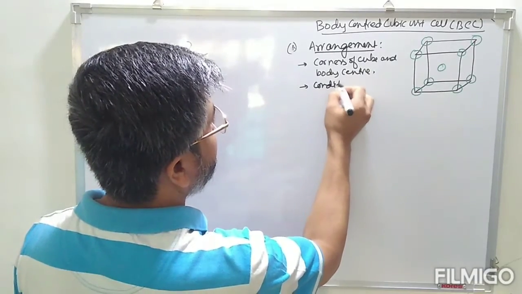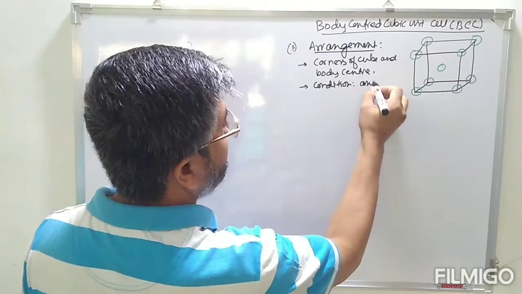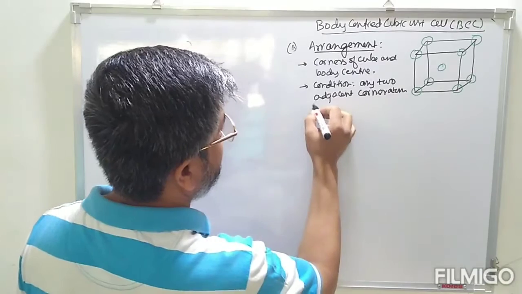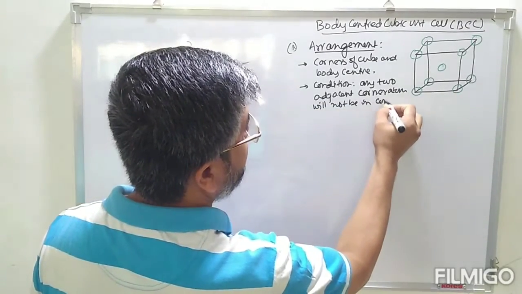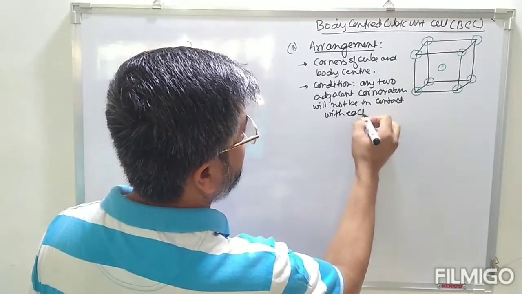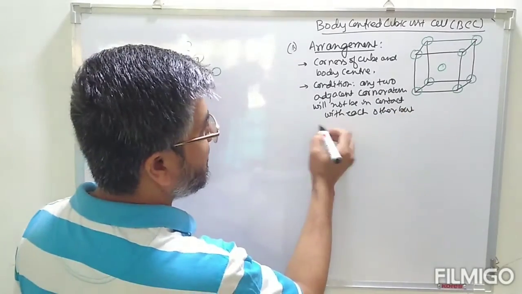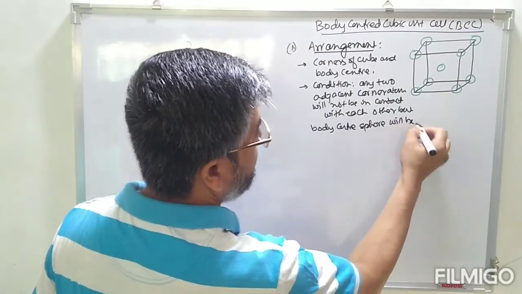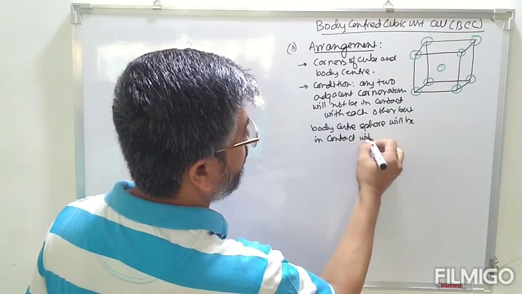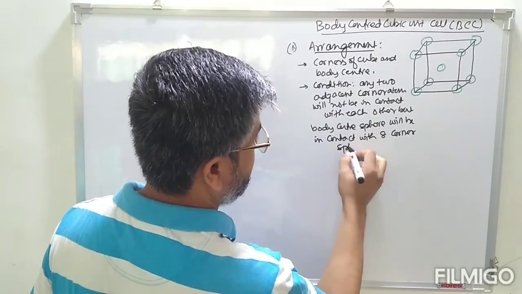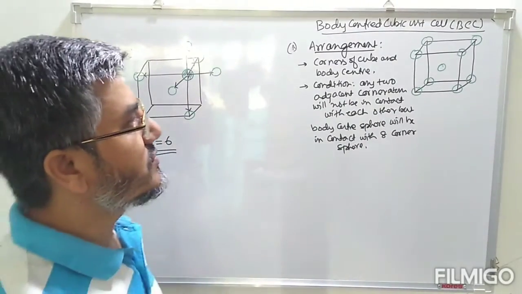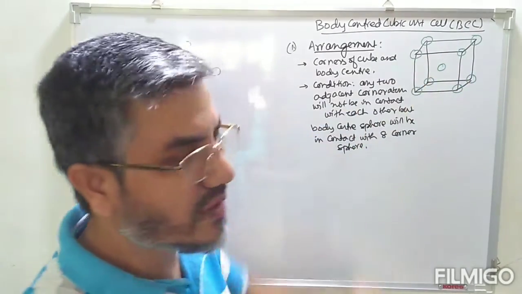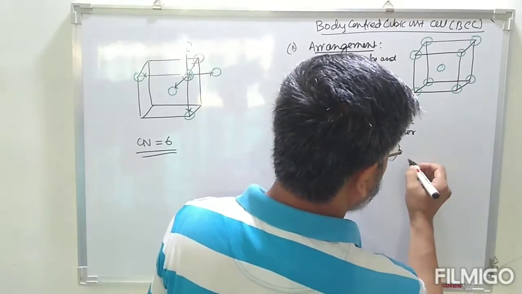Subject to the condition, so the condition being any two adjacent corner atoms will not be in contact with each other, but the body center sphere will be in contact with 8 corner spheres. This is the condition for the arrangement of lattice points. Any two adjacent corners will not be in contact with each other, but this body center atom will be in contact with 8 corner atoms. That means we have to show it in this way.